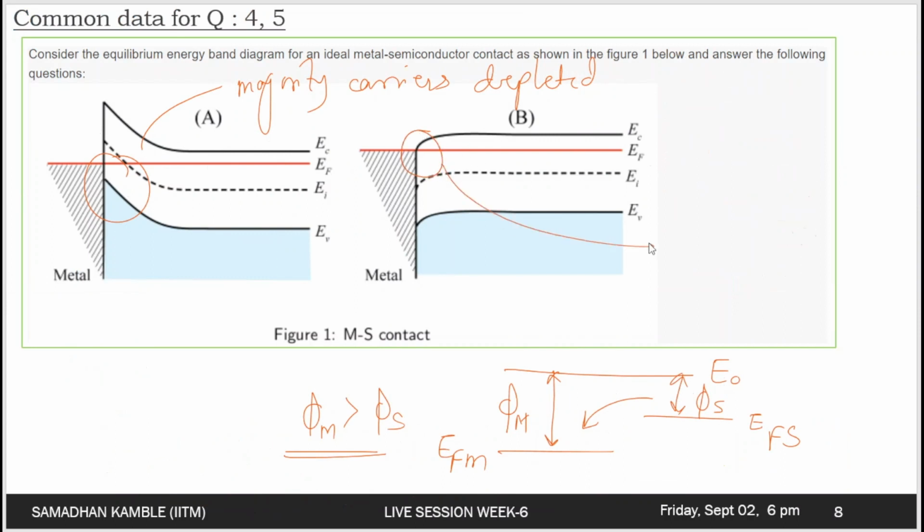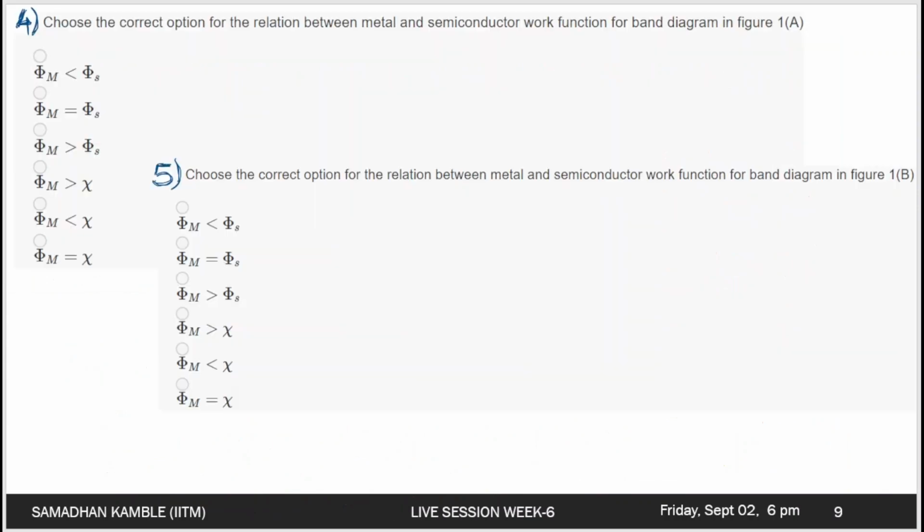Accumulation of majority carriers, which are electrons in our case. So this also can be considered as an ohmic contact.